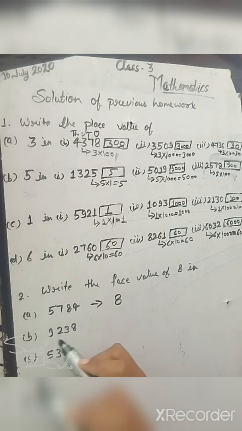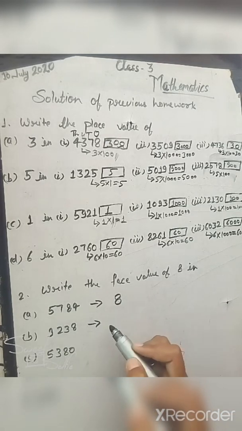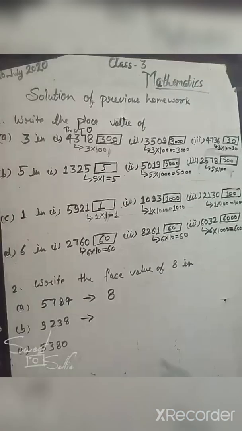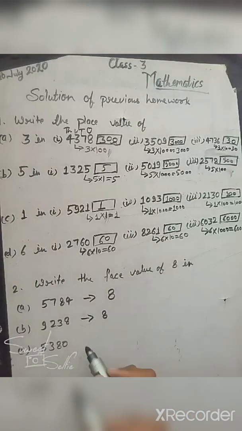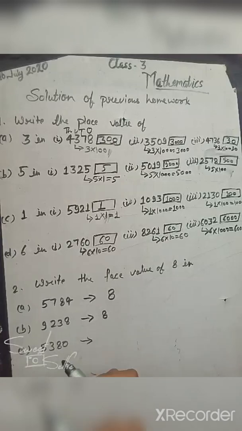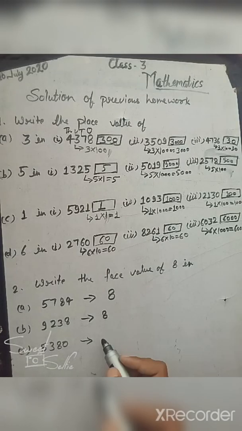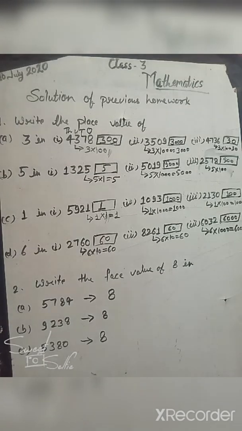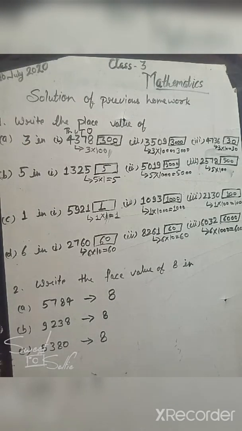Okay, again in B, here again it will be 8. In C, same, the face value of 8 will be 8, because we know the face value remains unchanged, because it does not depend on the position of a number.